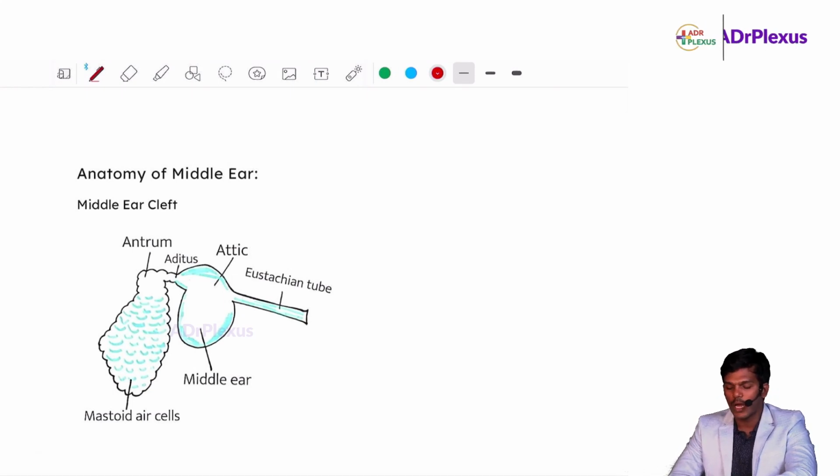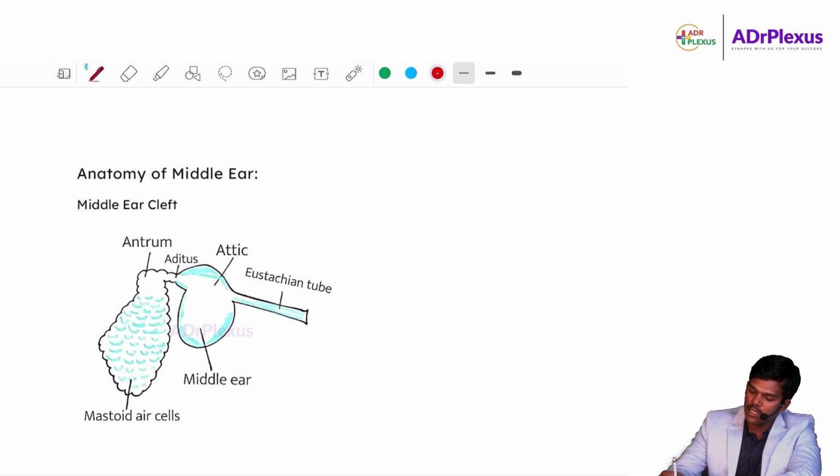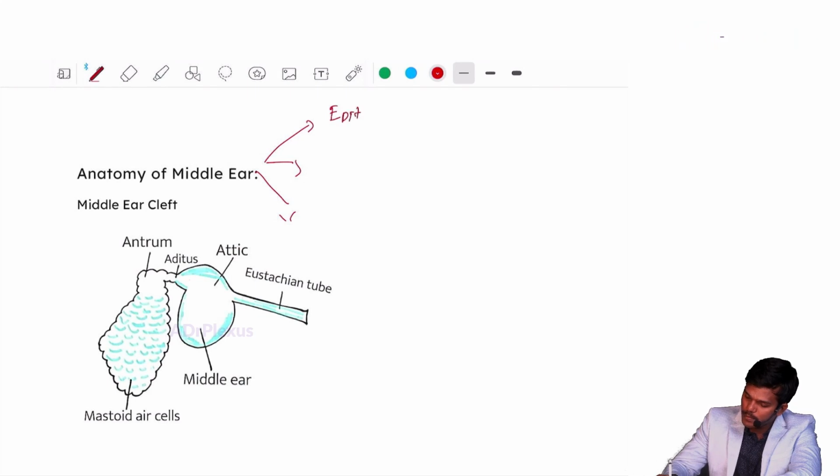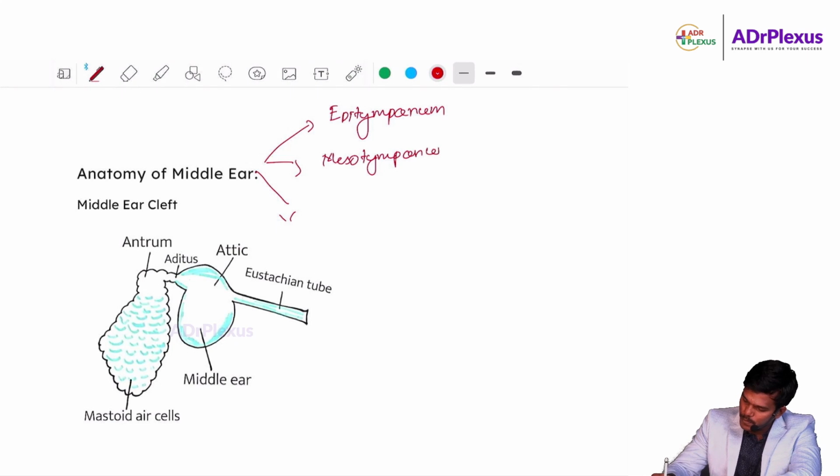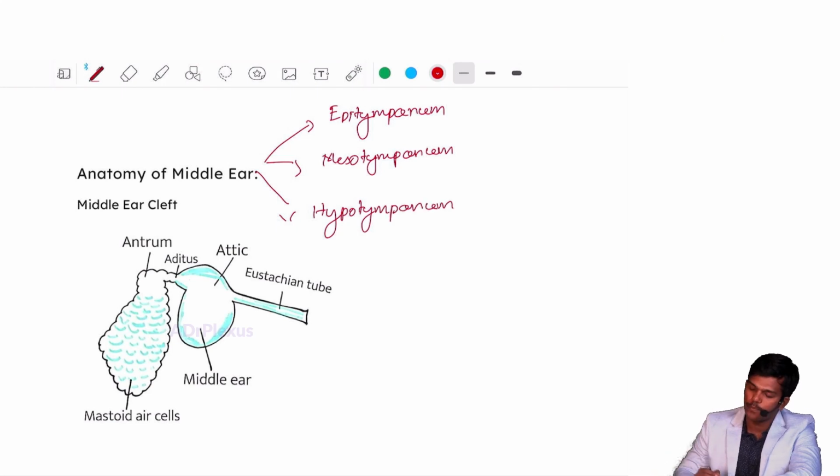Before learning about the anatomy of the middle ear: it is divided into three parts: epitympanum, mesotympanum, hypotympanum.